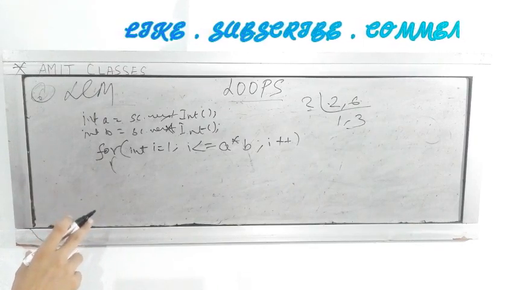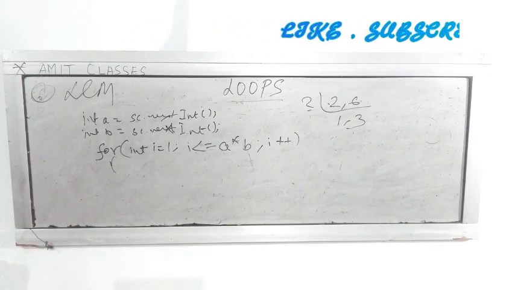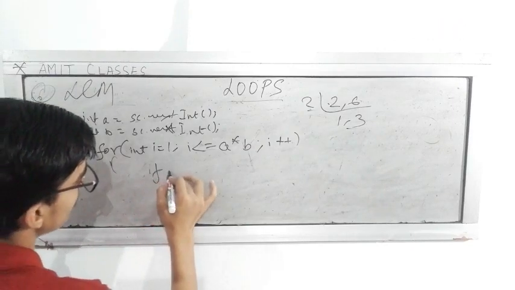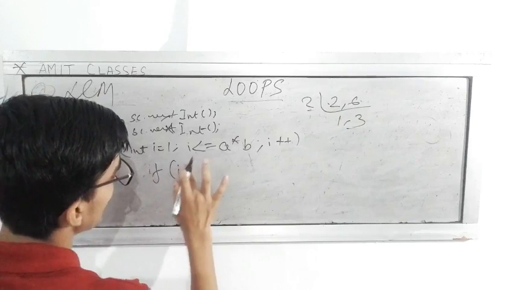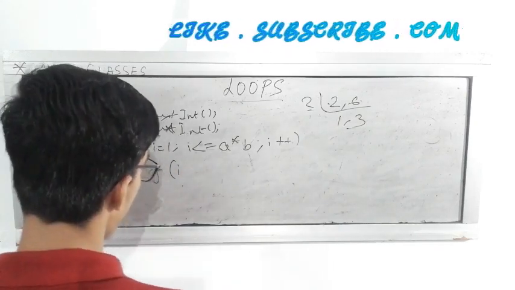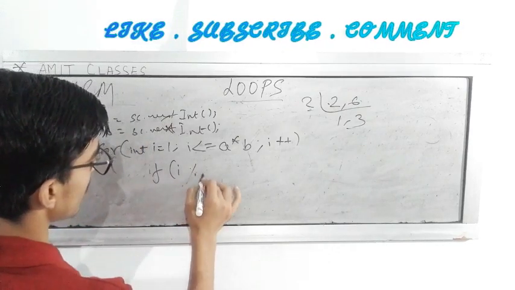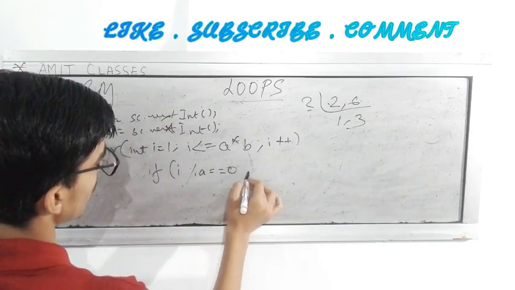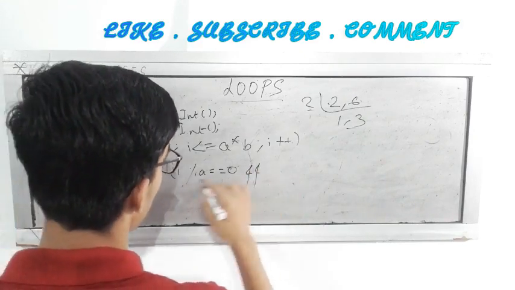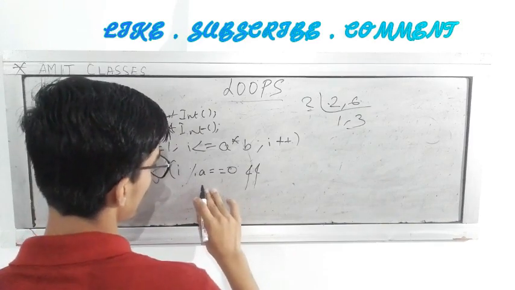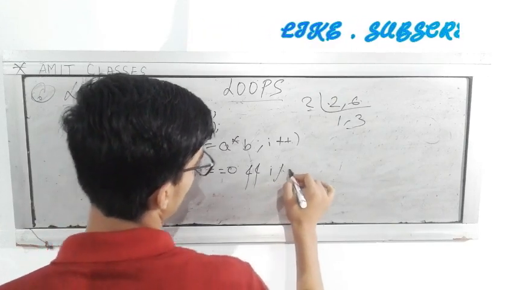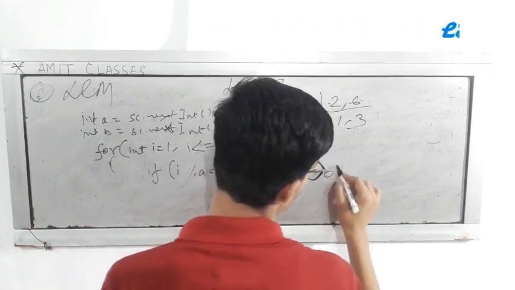Inside this loop what we will do is write if I mod A is equal to 0 and I mod B is equal to 0.